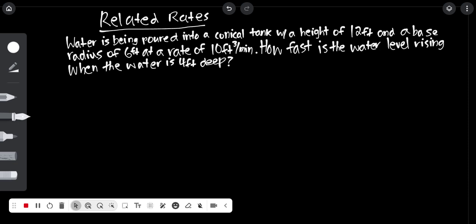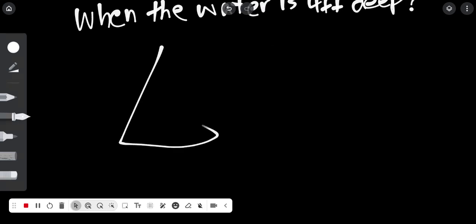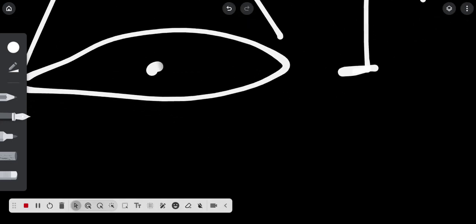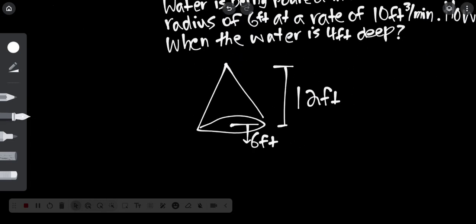Let's visualize this because that's the first step. So we have a conical tank. This is 12 feet, and this radius right here is 6 feet. Now, what else are we given?